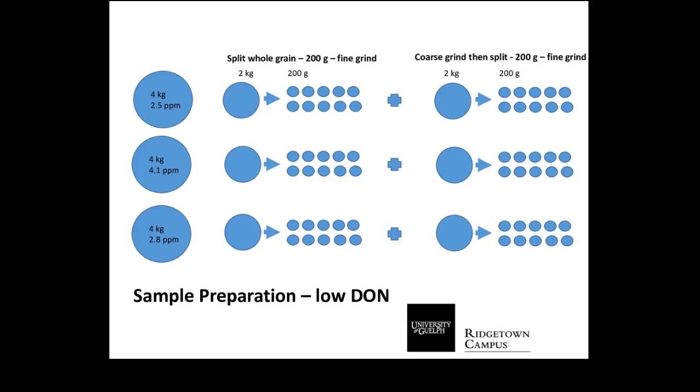And that represents the size of sample that comes in to the control house at the elevator or the ethanol plant once you've taken a probe sample.